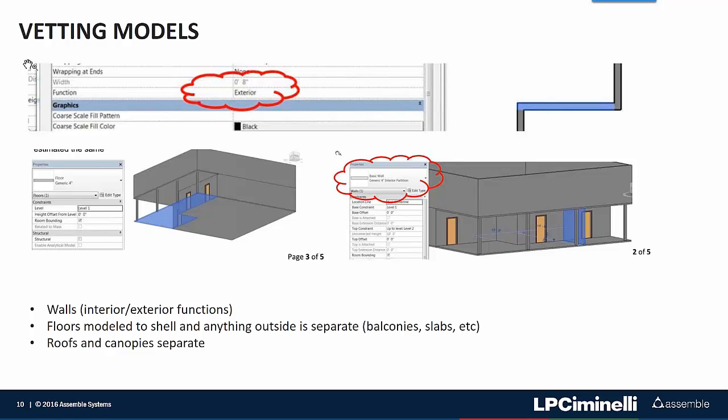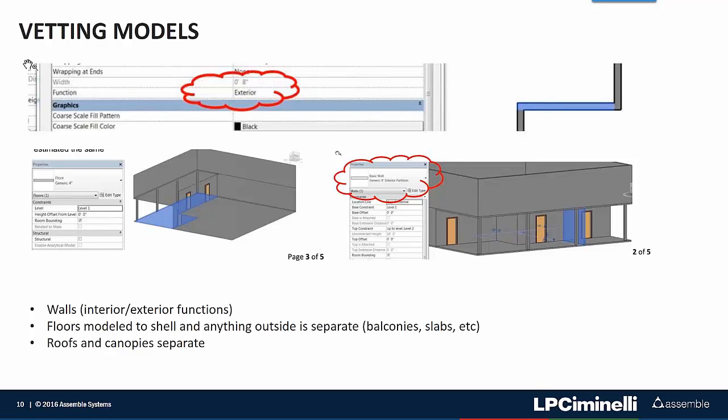Yep. Thanks, Mindy. So one thing that we found in most models we receive is that sometimes the building information, the building components or families as they're called, aren't utilized correctly, or their properties aren't utilized correctly. So for example, if I was creating a wall schedule and I wanted to sort my wall schedule by interior function and exterior function to represent my interior partitions and my building shell, I would create a schedule.